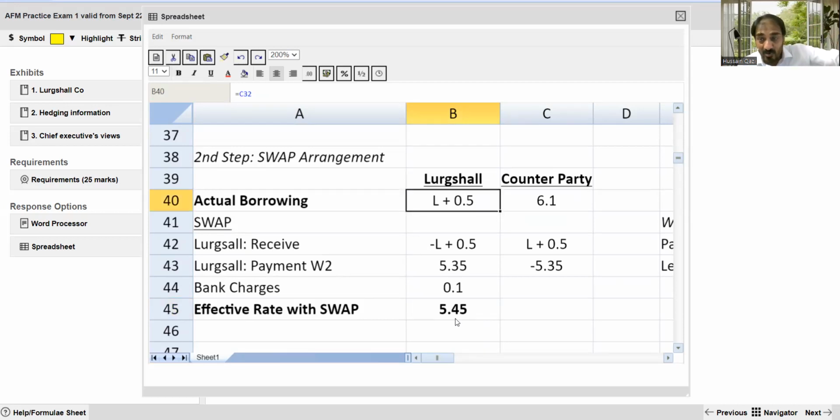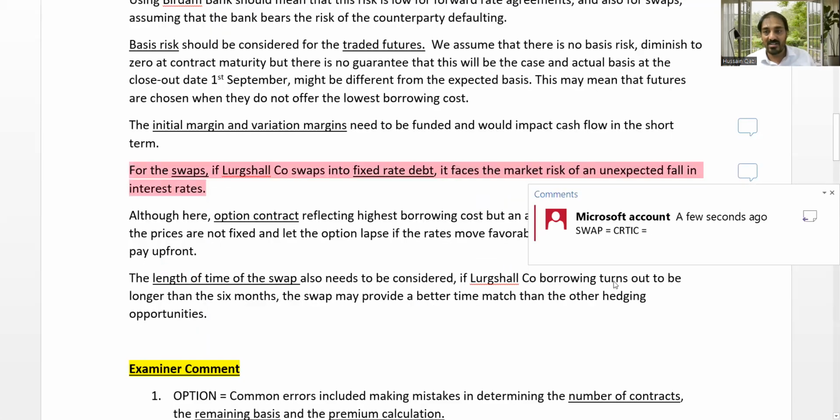If interest rate goes down with floating, you will get an advantage. But by the swap agreement, at the end you have to pay the fixed rate. If interest rate goes down, you will not get any advantage of the fall in interest rate. That's the critic. And this is PSM.